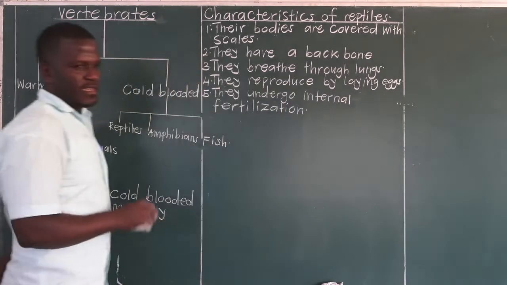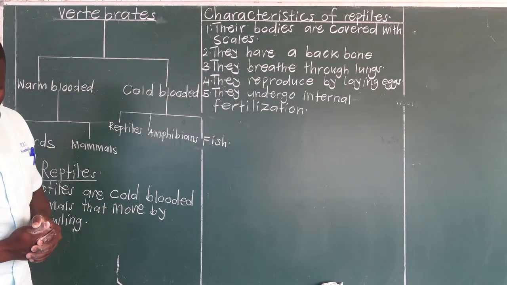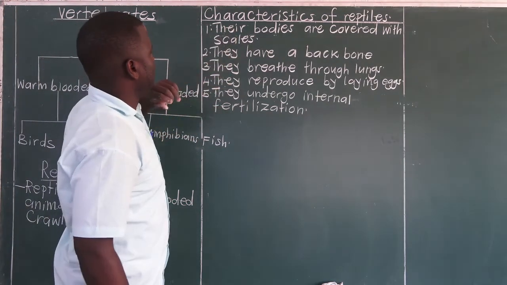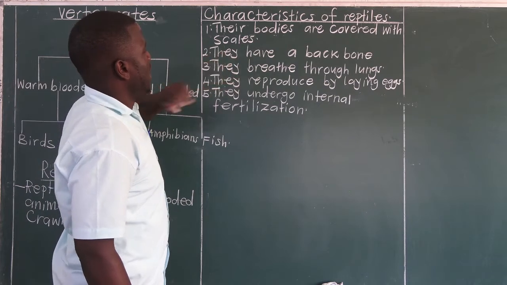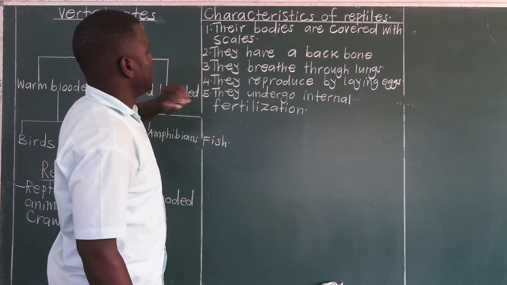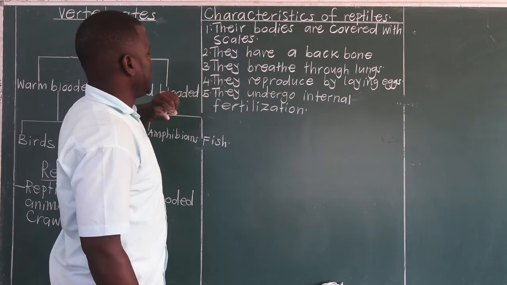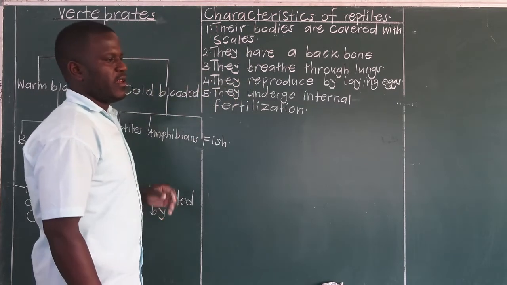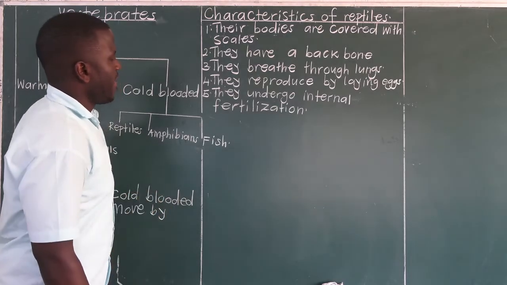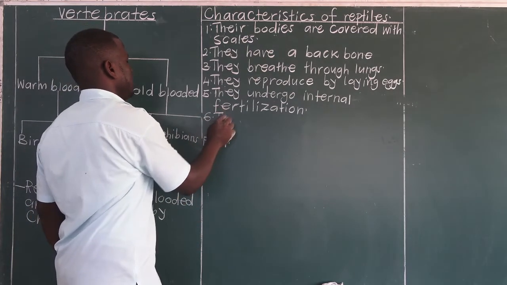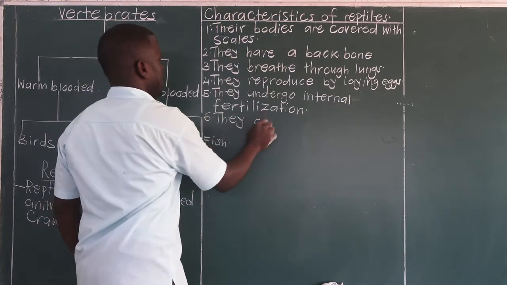So here are some of the characteristics of reptiles. We said their bodies are covered with scales. They have a backbone. They breathe through lungs. They reproduce by laying eggs. They undergo internal fertilization, meaning that fertilization takes place inside their bodies. Then lastly, they are cold-blooded.